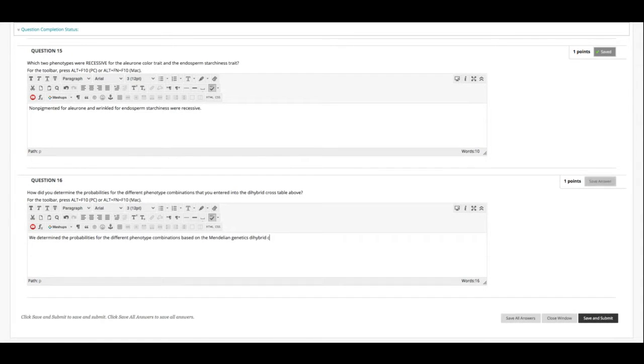Dihybrid cross. Which has a ratio of 9, 3, 3, 1.